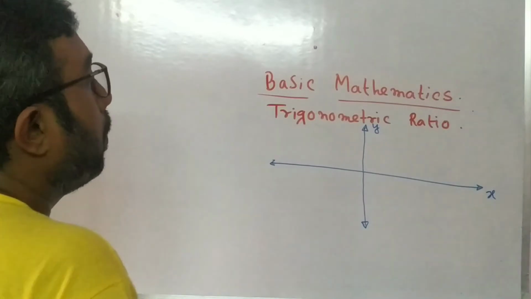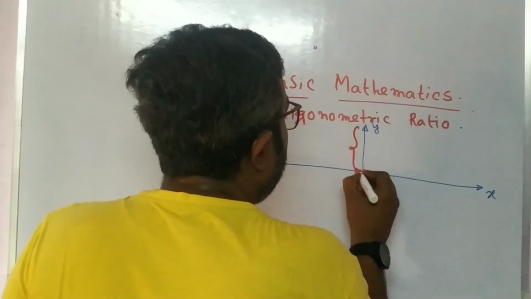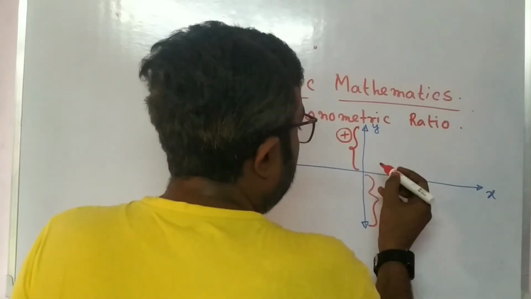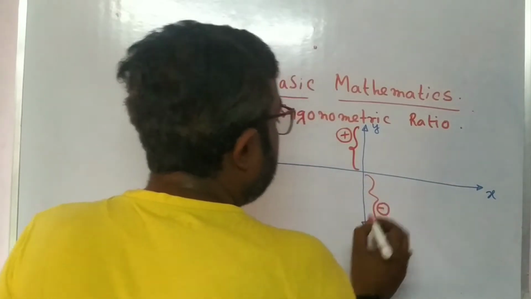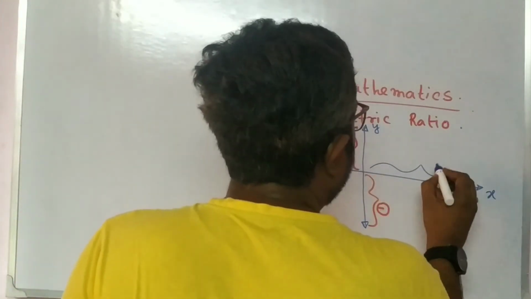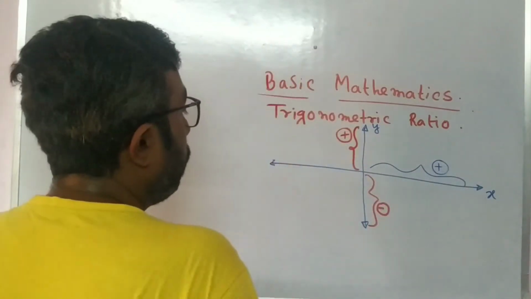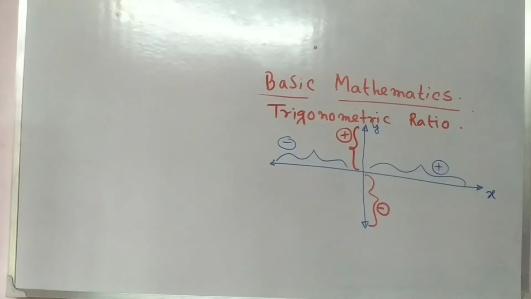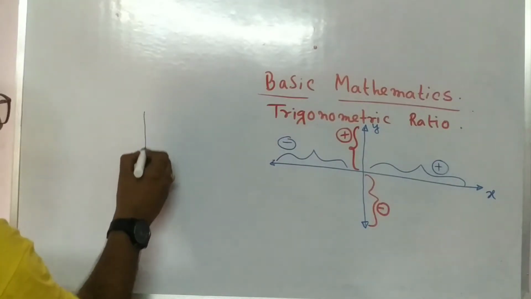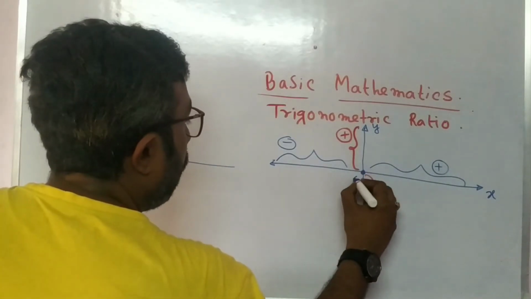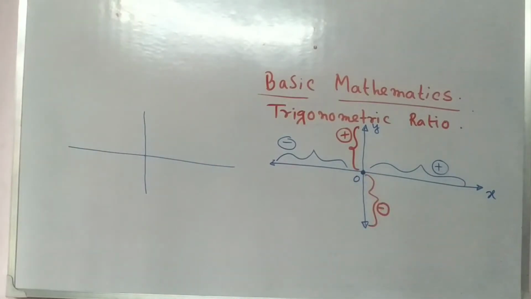Okay, this part of the y-axis is called positive y-axis and this part is called negative y-axis, and this part of the x-axis is called positive x-axis and this part is called negative x-axis. Get it? Okay. Now you see, this point is called origin. Okay, where two lines are bisecting each other.